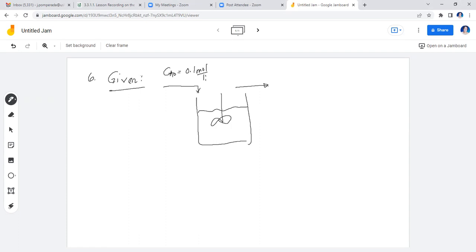Okay, another given information, Aina. What other information have you seen in the problem? The 0.2, rate of R. 0.2 per hour.